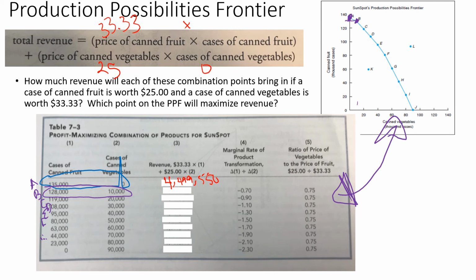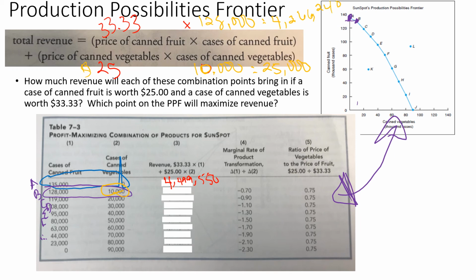Okay, so then for the next one, you would sub in $33.33 times 128,000, and then you'd add that to $25 times 10,000. So $25 times 10,000 is 250,000. So you'd add that to 128,000 times 3333. This is 4,266,240.